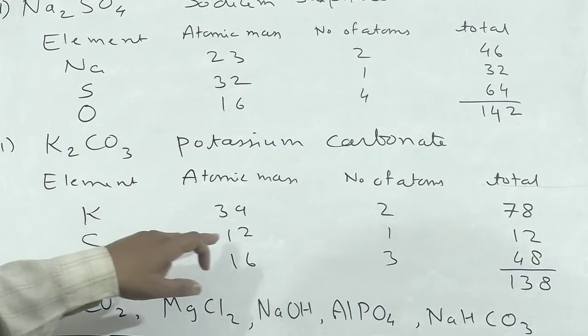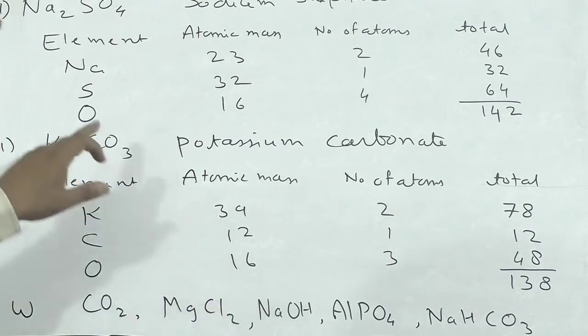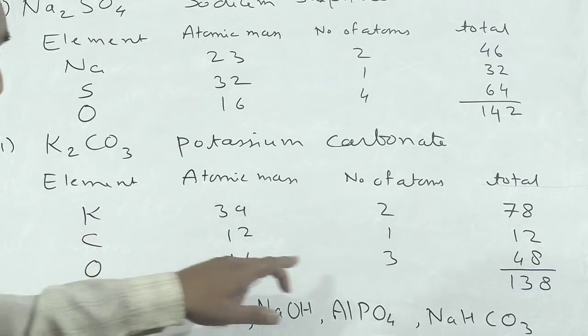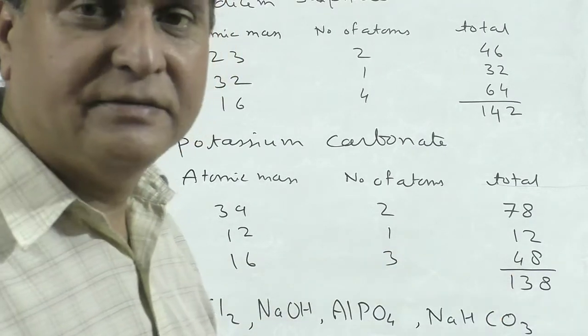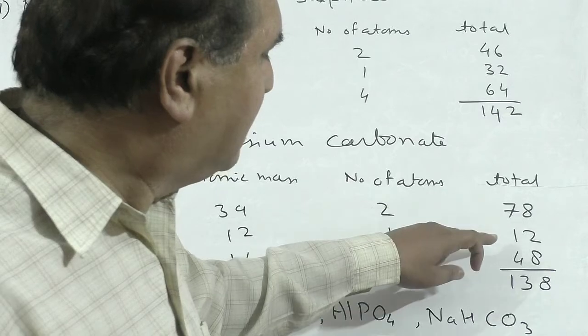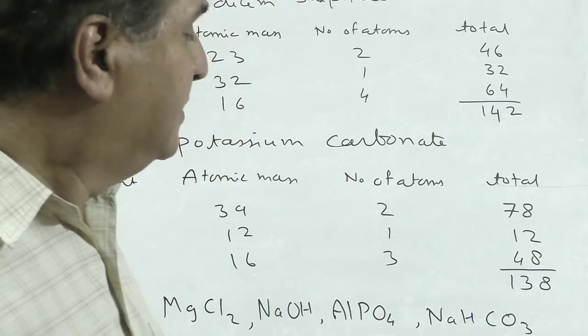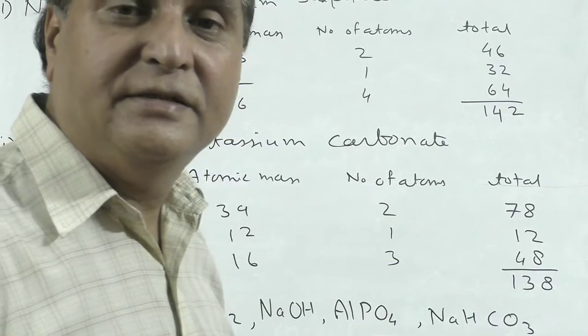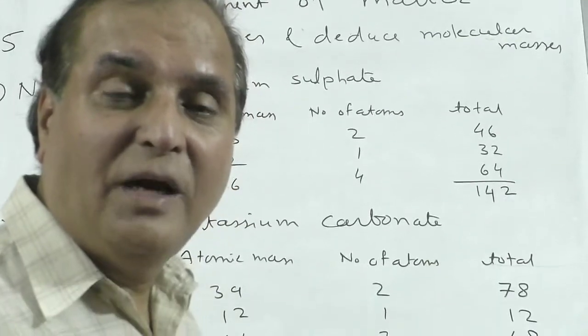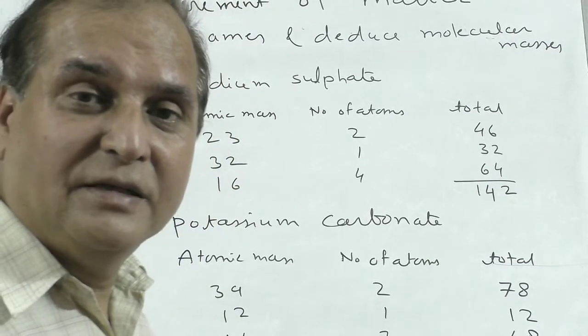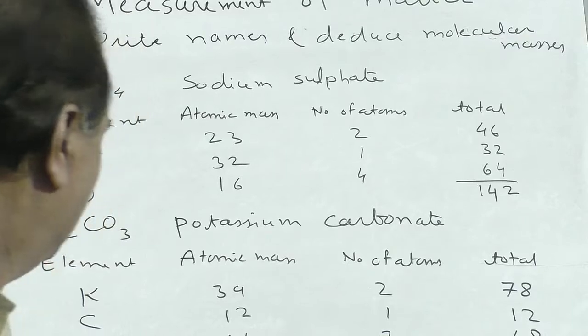C is only 1, 12 into 1 is 12. O has 3 atoms, 16 into 3 is 48. 78 plus 12 plus 48 comes to 138. That is the molecular mass. Understood?